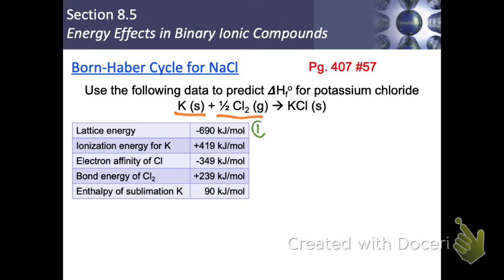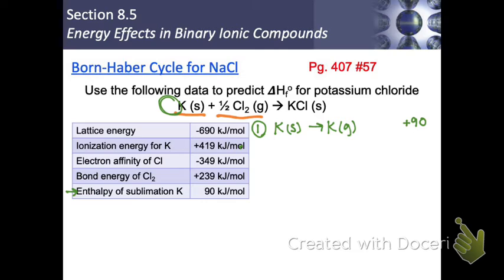We start with potassium solid, but we need to get it to potassium gas. That's sublimation of the solid. We did not have any mole ratio up here that we've got to consider. So we go to our data table and ask, where's my enthalpy of sublimation? It's way down here. So I'm going to come over to the side and write plus 90.